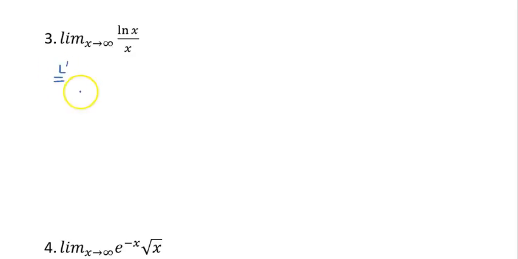So equals L'Hopital's rule, and we're going to say the limit as x goes to infinity. And this is really interesting because the derivative of natural log is 1 over x. The derivative of x is 1. You're out of the indeterminate forms.